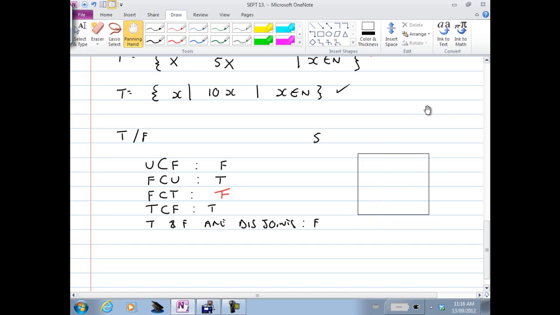So here's my U. I'm going to draw my little circle F. It stands for multiples of 5. If something's a multiple of 10, my T is in here. T is a subset of F, which is a subset of U. This is the level I want you to be focusing on. Try this now.